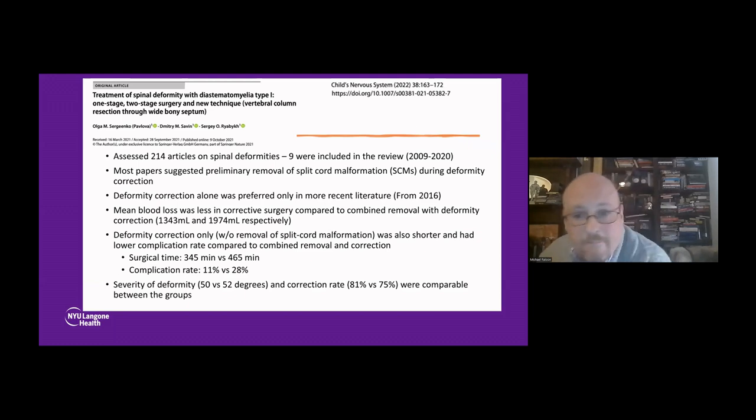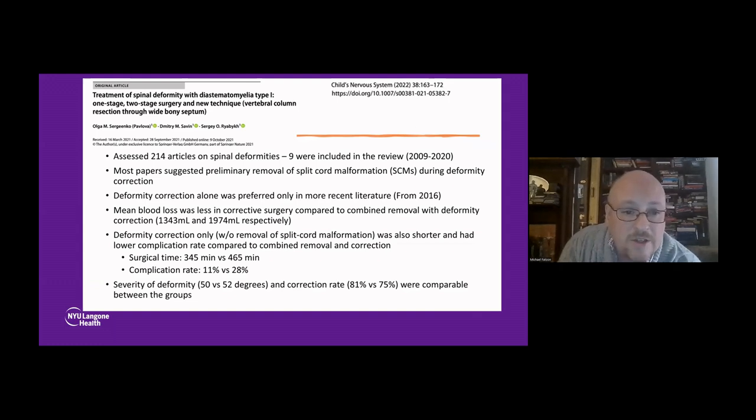They assessed 214 different articles within this, basically got down to 9, and obvious statements were that things like blood loss is increased with non-staged operative time, but more importantly, the complication rate was more significant in the literature with a single staged event.